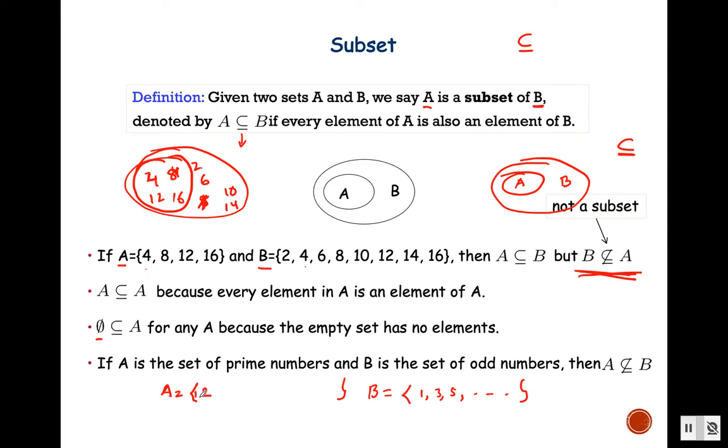So in the prime numbers we have at least one even number, 2, which is not an element of B. So A is not a subset of B.